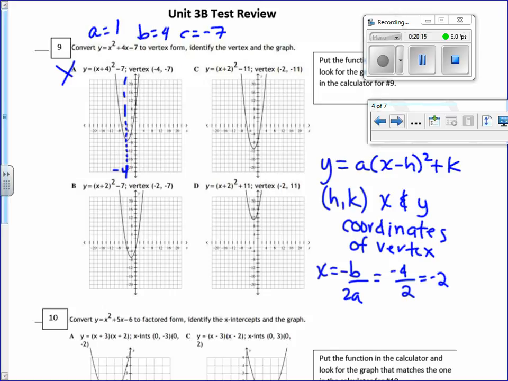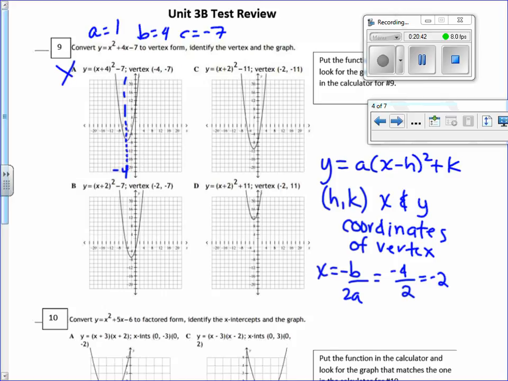I mean, guys, you could graph this to probably figure out the rest. Yeah, you just put it in your calculator and hit graph and compare the graphs. So I'm just going to type in x squared plus 4x minus 7 and graph it.